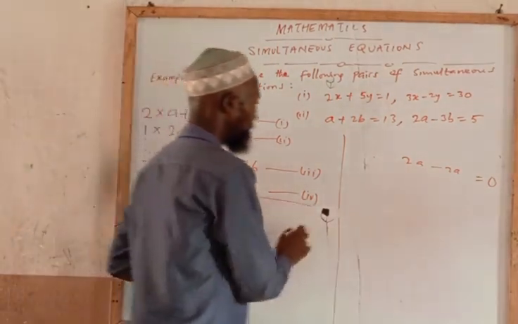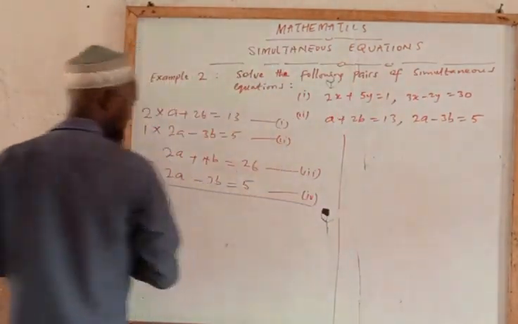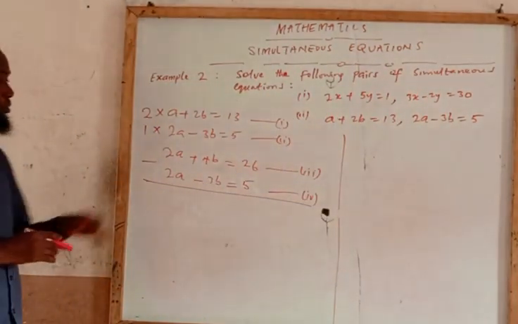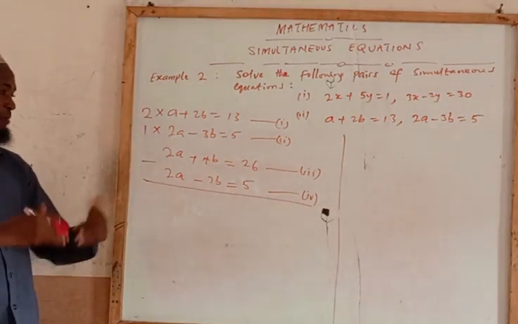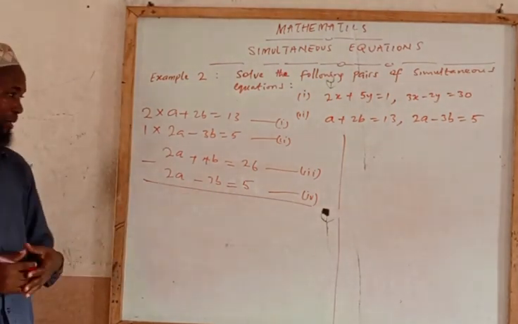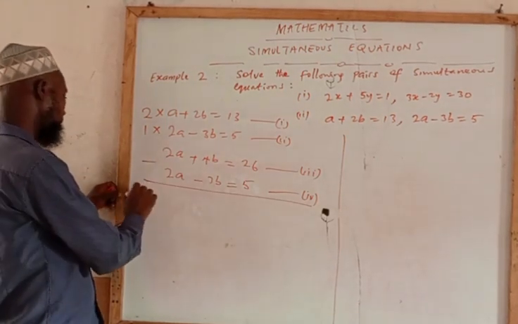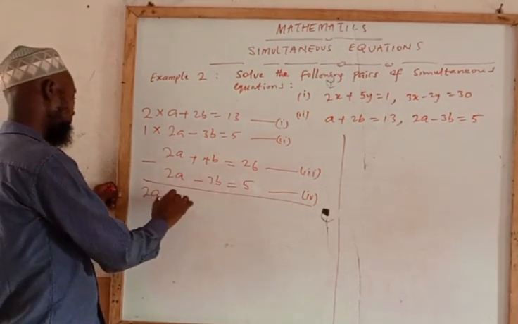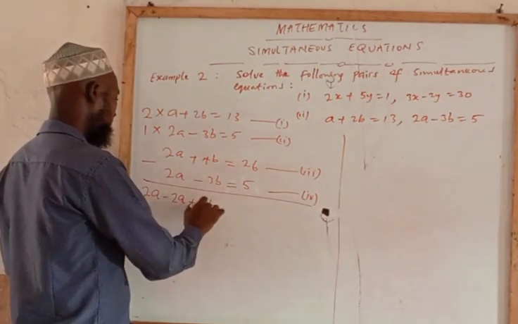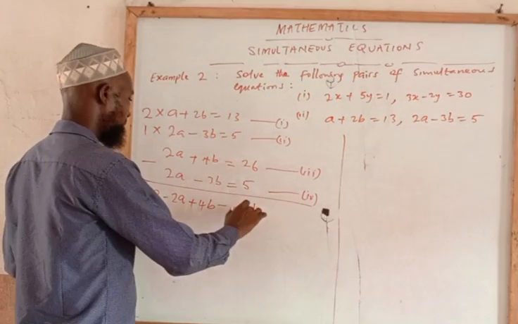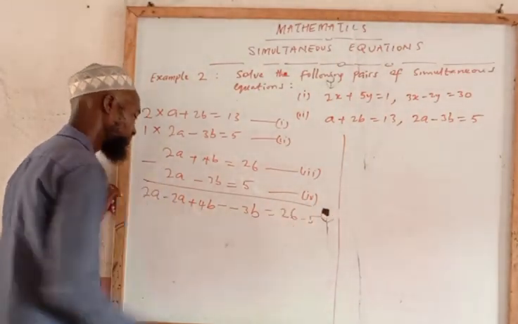So that shows we are going to subtract. So I will rule below it now and go ahead with what we have here. And mind you, we are going to deal with A first before we move over to B and before we move over to the number part, right? So the first thing I'm going to do here is to simply say 2A minus 2A, followed by plus 4B minus 3B is equal to 26 minus 5.